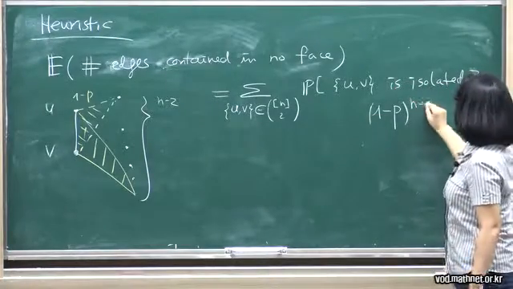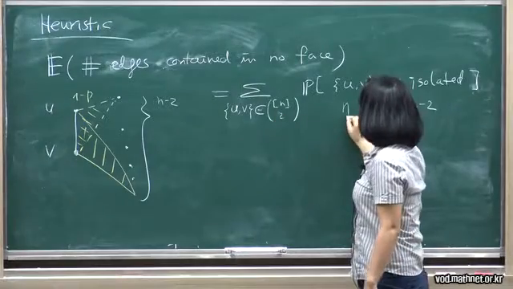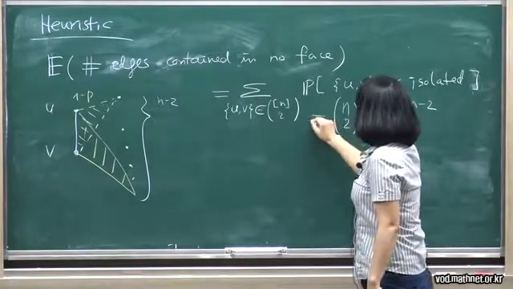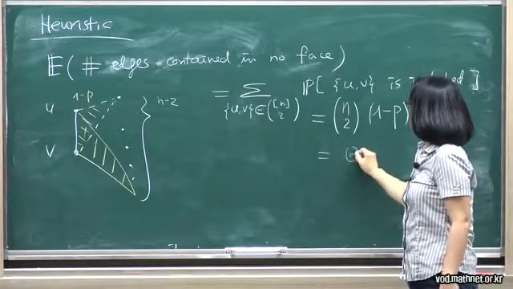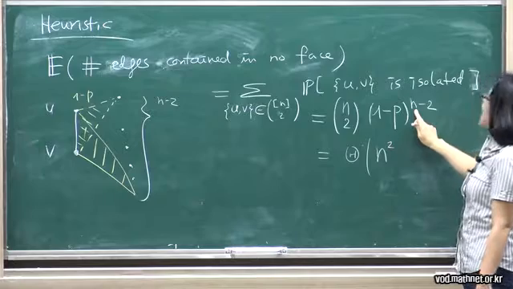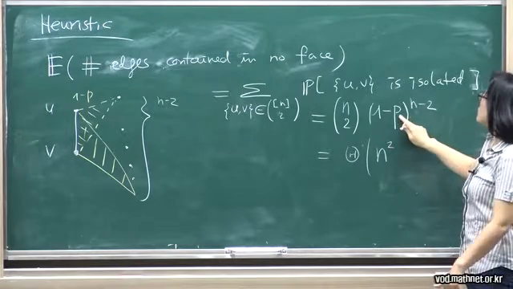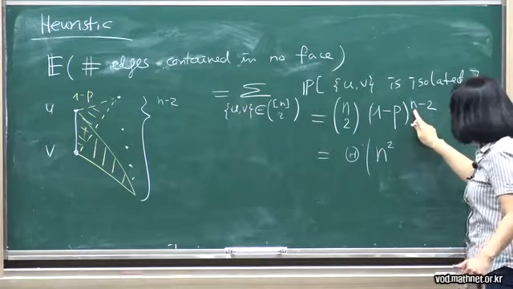I have n-2 of them. And how many pairs are there? N choose 2 pairs. Up to a constant term, this is n squared. As I said, our n is a million, p is very small. It's roughly n squared times (1 minus p) to the n.